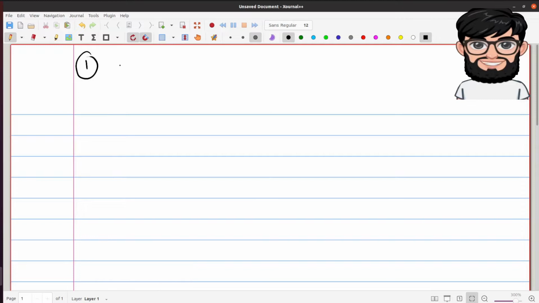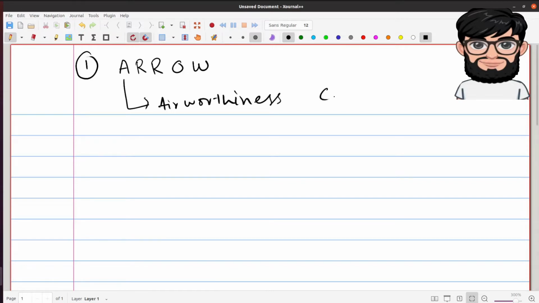The thing which you need to remember is an acronym, which is A R R O W. The A is the airworthiness certificate, and we will be going through these certificates. The second one is the registration certificate.